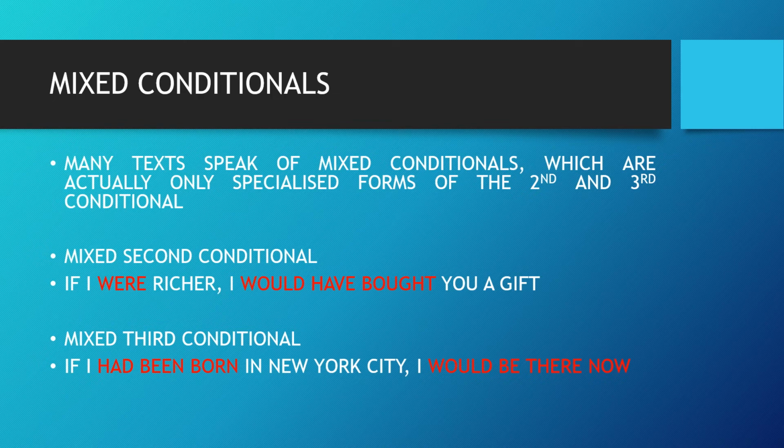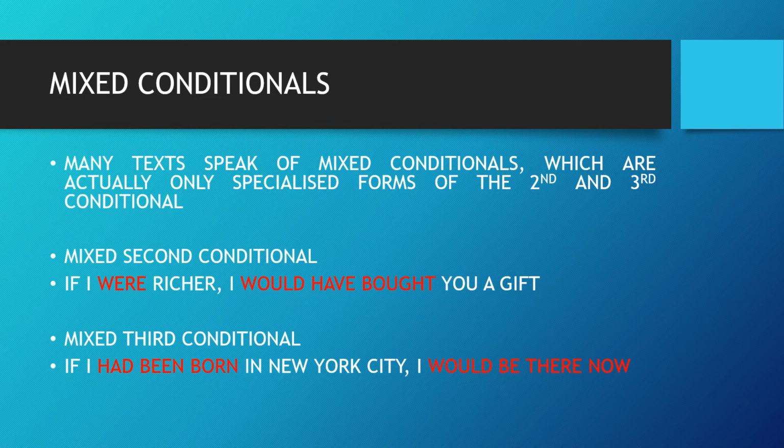A mixed third conditional looks like this. If I had been born in New York City, I would be there now. Had been born, obviously in the past, would be there now in the present. And because, again, we're mixing past and present, we call it a mixed third conditional. However, for me, it's more significant that they follow the general structure of standard second and third conditionals.